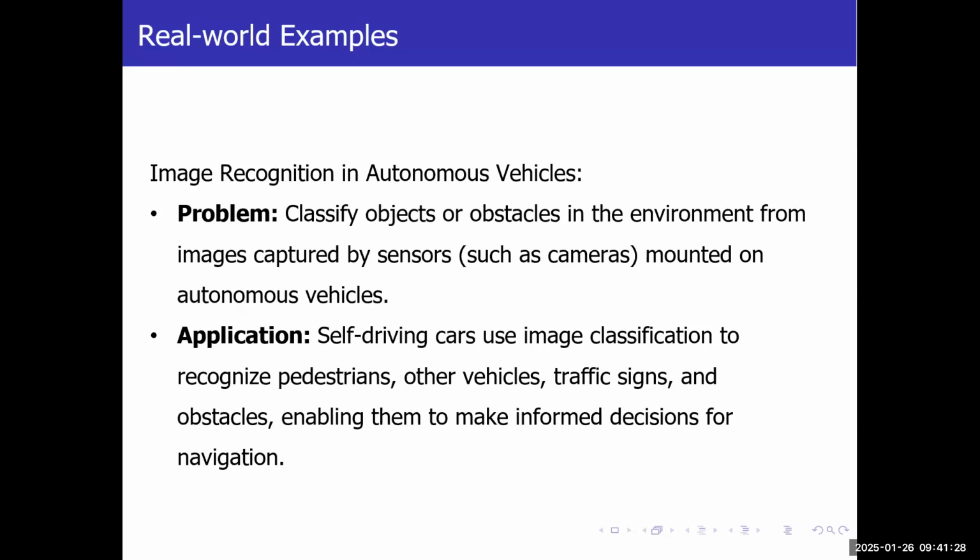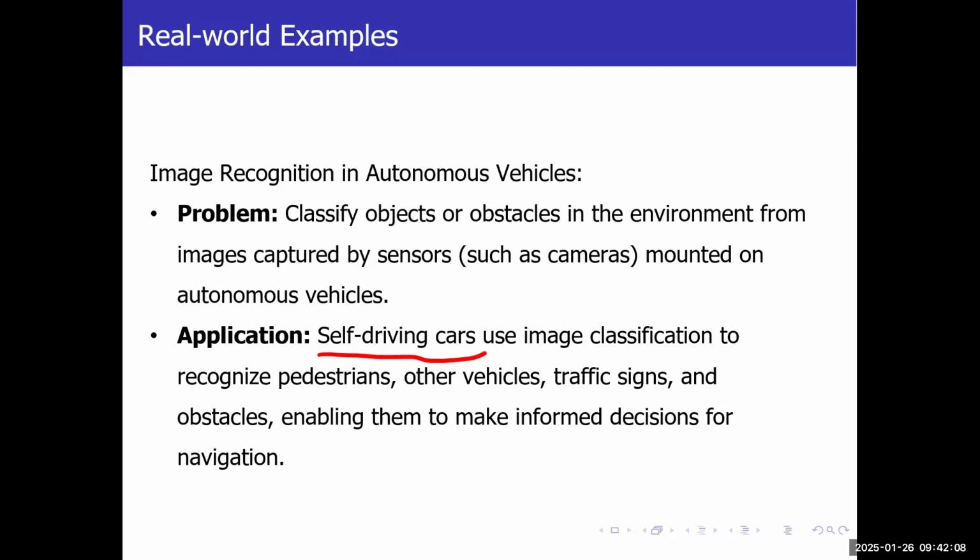Another example would be image recognition in autonomous vehicles. You have probably seen this example a lot these days. Basically, it's the self-driving car, right? They use image classification to be able to detect signs, detect a person, detect obstacles, or detect other vehicles. And the challenge for the self-driving car is the variety of objects, right?